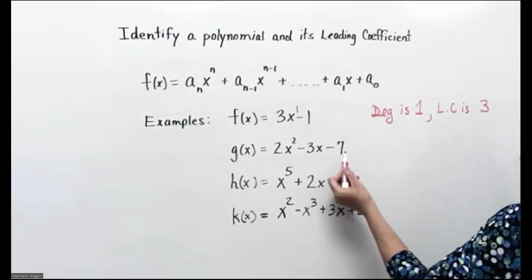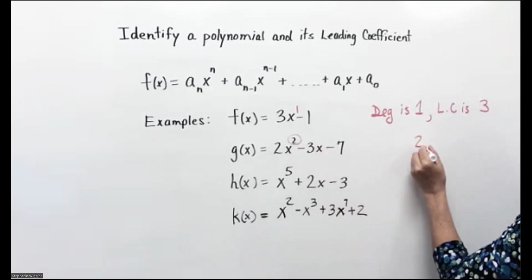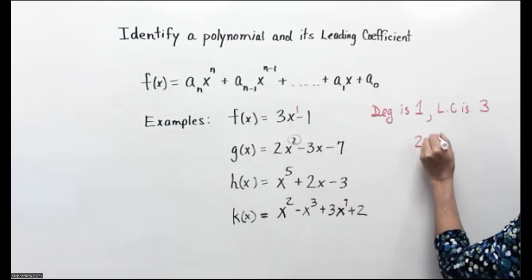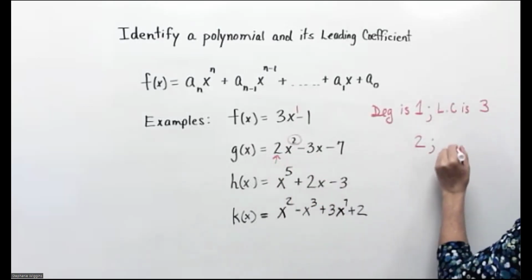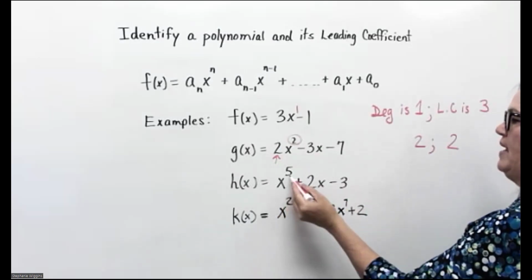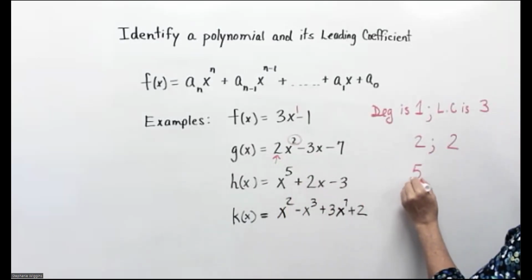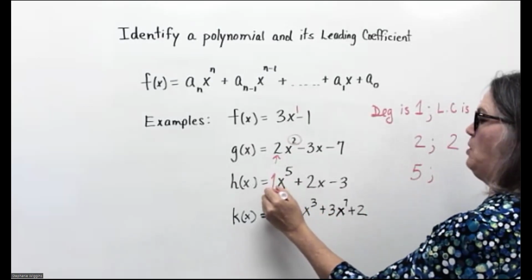So here, the highest power of x is 2, so the degree is 2, and the leading coefficient is also 2. Here, the highest power on x is 5, so that's the degree, and the leading coefficient is understood to be 1.